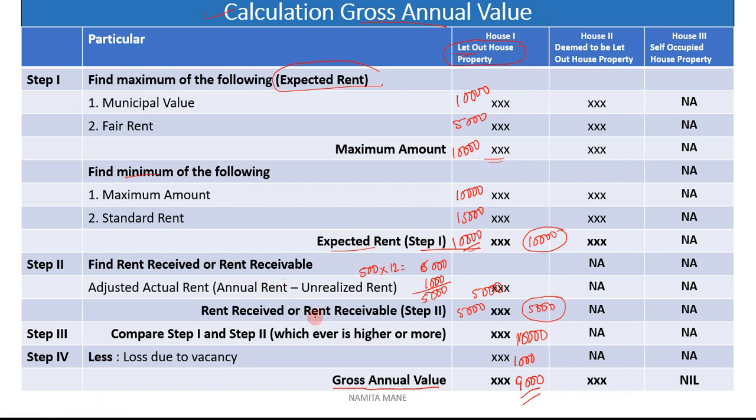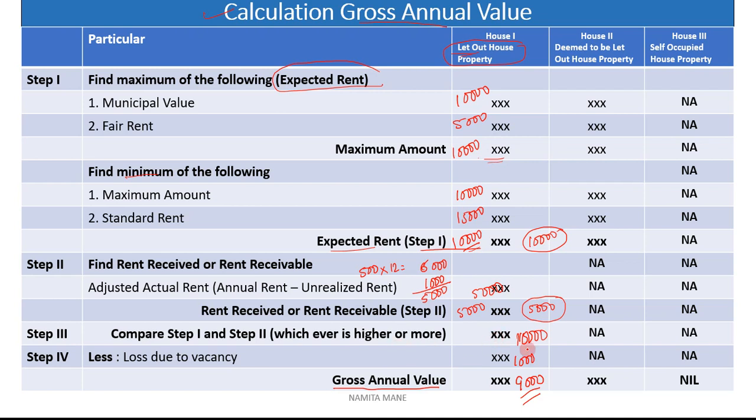Clear? Okay, see, step 1, find accepted rent. Step 2, find the rent received or receivable. Then step number 3 is compare step 1 and step 2. Check whether step 1 amount is more or step 2 amount is more.